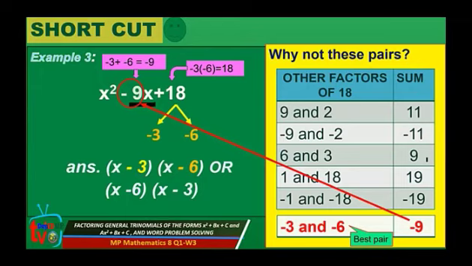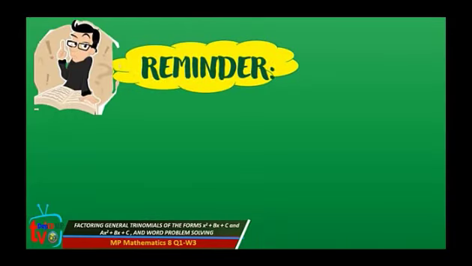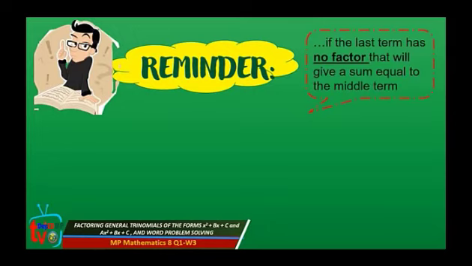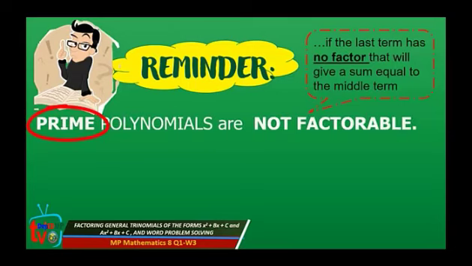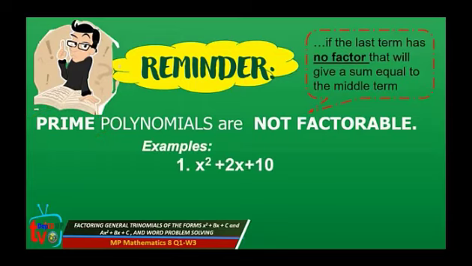Just a friendly reminder, if you cannot think of factors of the last term that will give a sum equal to the middle term, then the trinomial is prime or not factorable. Look at this example, x squared plus 2x plus 10.